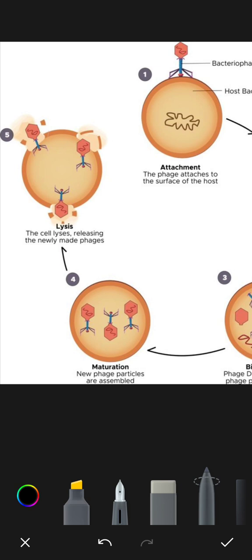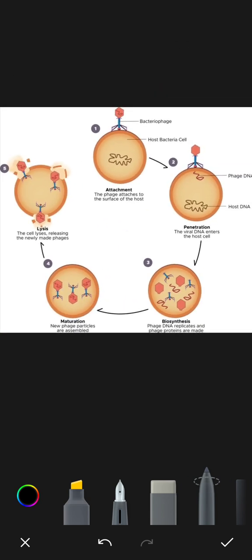And from a single cell 100 to 200 bacteriophages, newly formed phages, are released. So this was the complete lytic cycle of 5 steps: attachment, penetration, replication or biosynthesis, maturation, lysis, or the releasing of new phage.